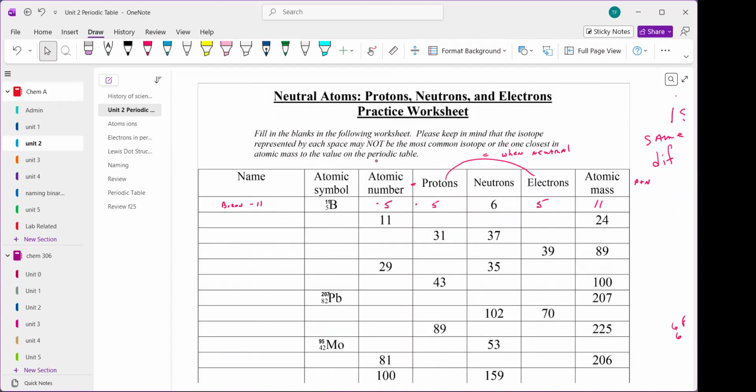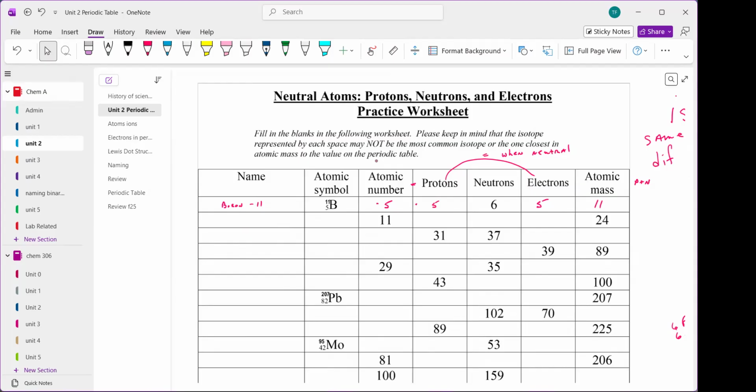Almost. You have to put like boron-11, sodium-23. Now, this number here should be the same as the upper number here. Gotcha, so that should be 24. Yeah, because we have 11 and 13 is 24. So 24 on the top.